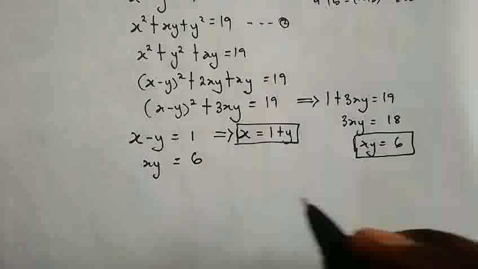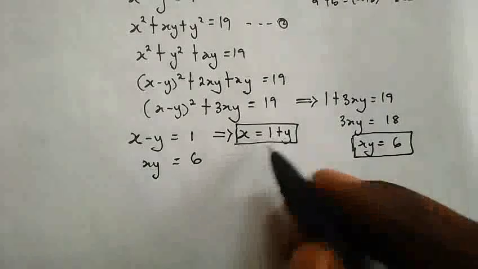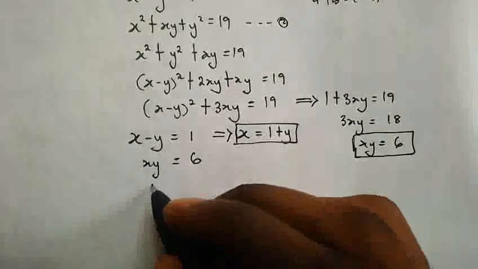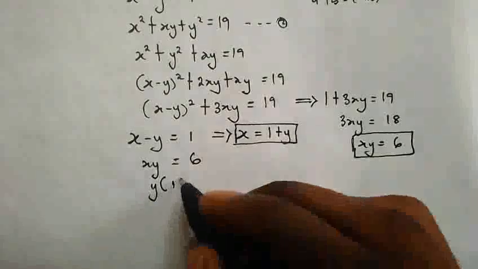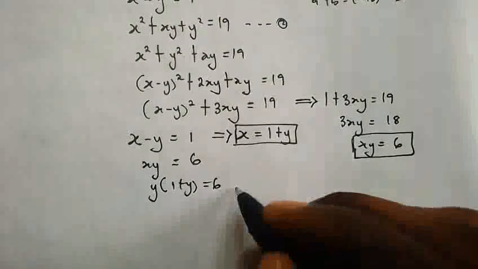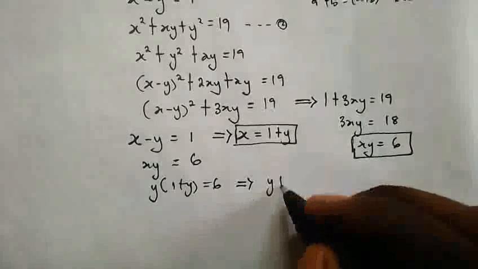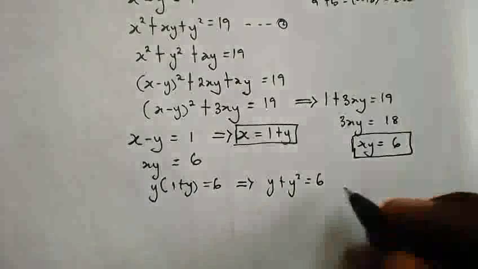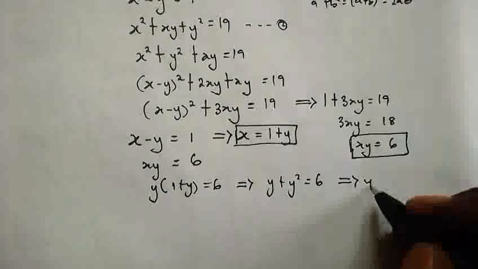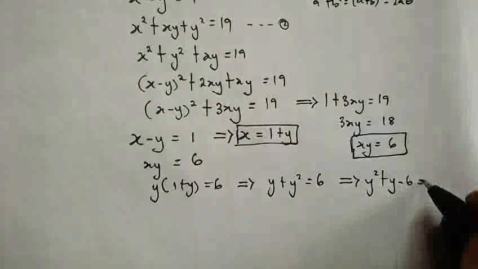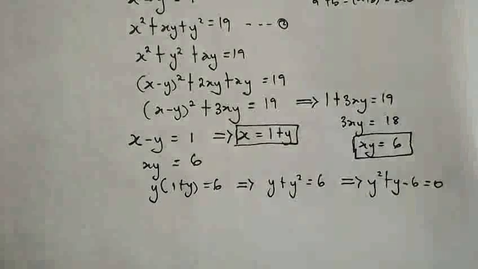Now we're going to insert the value of x in terms of y in equation 2. So here we get y times open bracket 1 plus y close bracket is equal to 6. Let us open up these brackets. We have y plus y squared is equal to 6. Here we have y squared plus y, 6 is crossing over, becomes minus 6, is equal to 0.